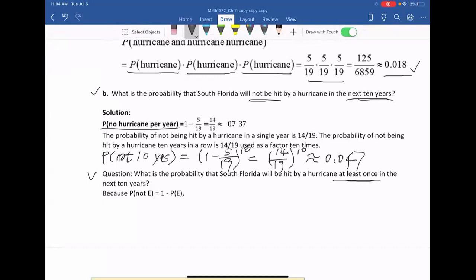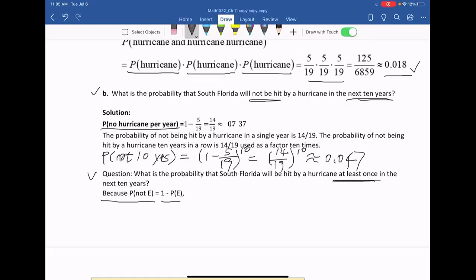We should think about the negative way, because P of not E equals 1 minus P of E. That means being hit at least once equals 1 minus never being hit in 10 years.